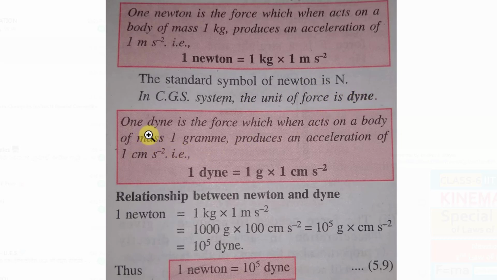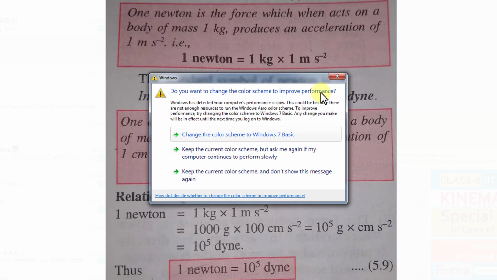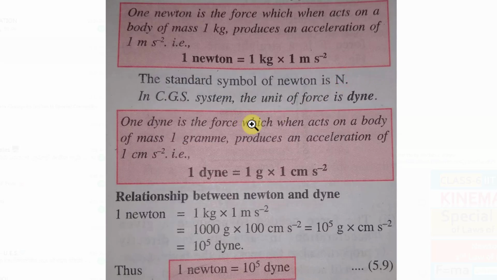So how can you define dyne? One dyne is the force which when it acts on a body of mass 1 gram produces an acceleration of 1 centimeter per second square, because in the CGS system the unit of mass is gram and the unit of acceleration is centimeter per second square.